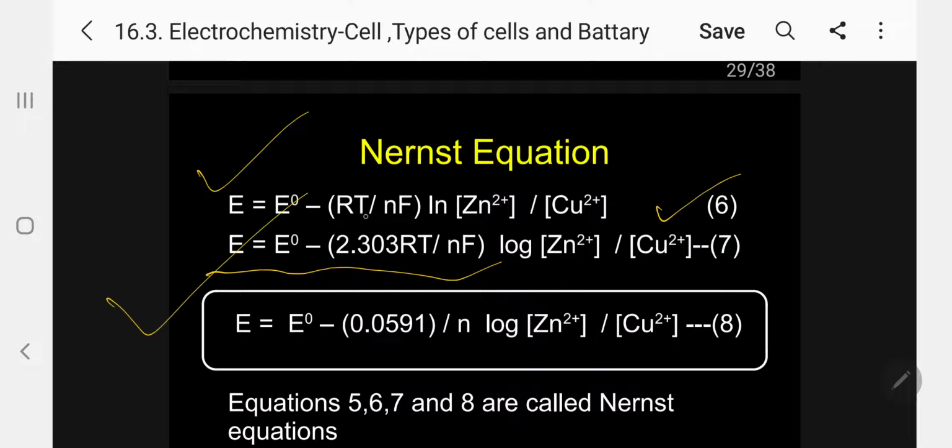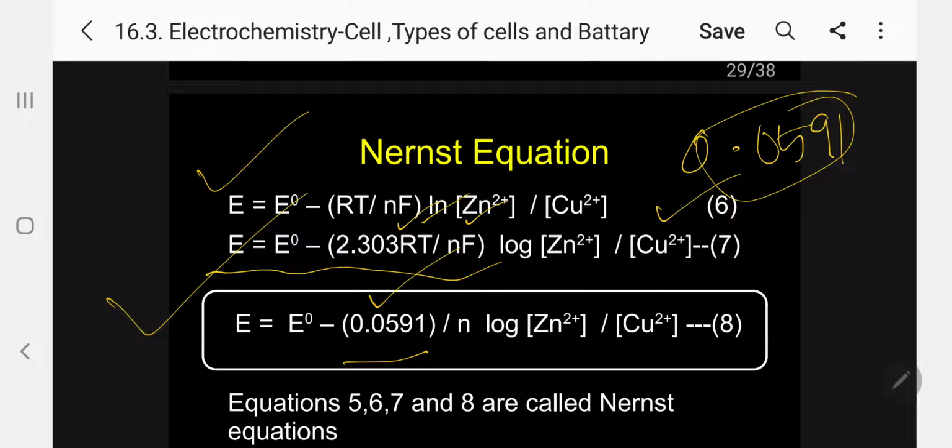Or finally I am writing E equal to E0 minus, by substituting the values of R, the temperature, F, and 2.303, everything I put, I calculate the value, it is 0.059. This should be memorized. 0.0591, it is memorized. So E equal to E0 minus 0.0591 by n.